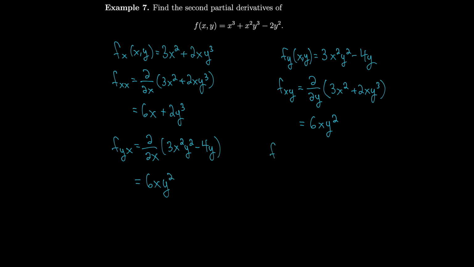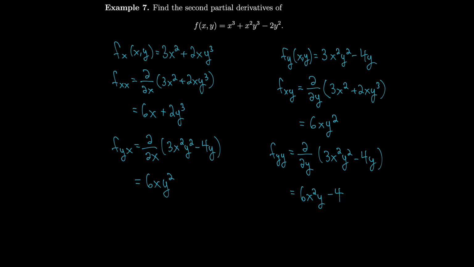And last but not least, partial with respect to y and then y, so that's just the partial with respect to y of 3x squared y squared minus 4y, which is 6x squared y minus 4.